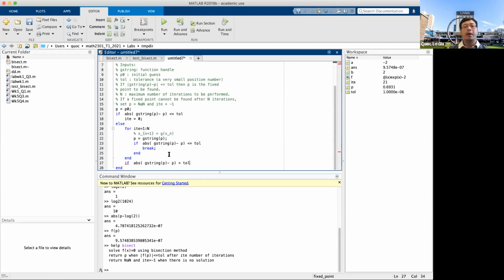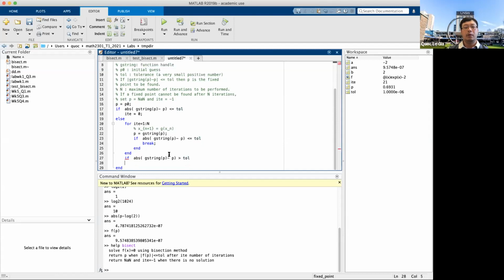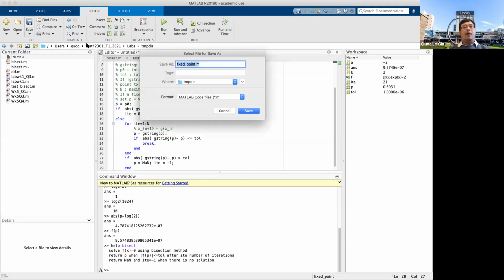So if it's bigger than the tolerance, then we say that, okay, we cannot find a solution. And we say that by setting p equal NaN, not a number, and iteration is -1. Okay, so that's it. So now we need to save it and we have to test it.